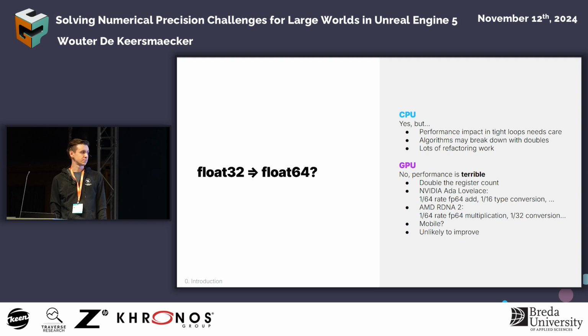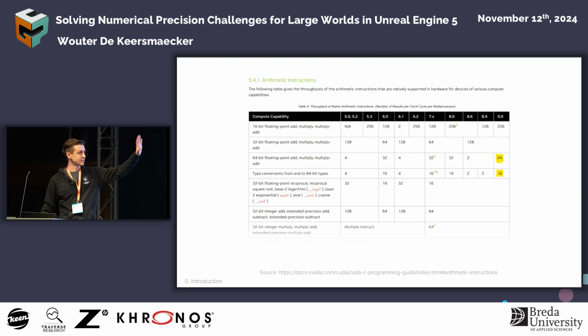This is, in my opinion, unlikely to improve as GPU hardware vendors are more likely to accommodate machine learning and AI usages, which are trending more towards int8 or int4, so not the other side of the spectrum, like doubling the data.